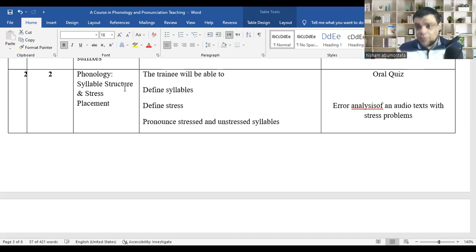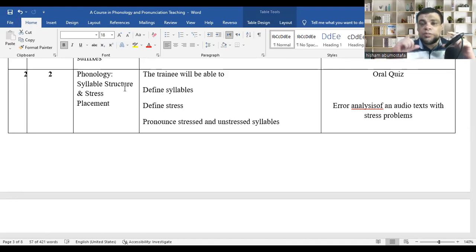The minimal syllable and the division of syllables according to their weakness and strength into strong syllables and weak syllables. Actually, strong syllables mean that they are strongly stressed, and weak syllables are weakly stressed, okay?